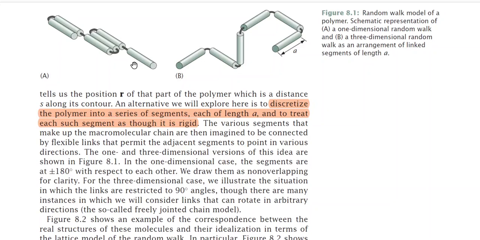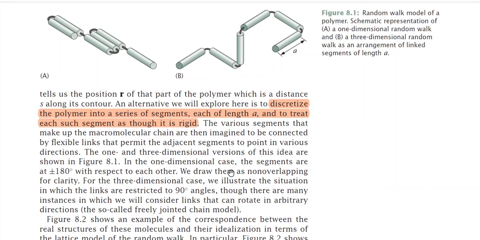I have already said that macromolecules can be thought of as different segments of length a, and these segments are rigid. So, these are the distributions of the different segments in one dimension, and this is in three dimensions.